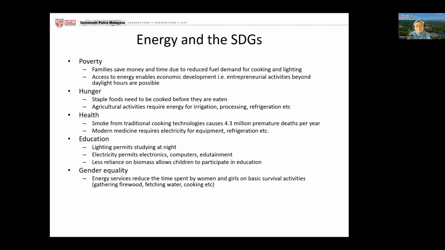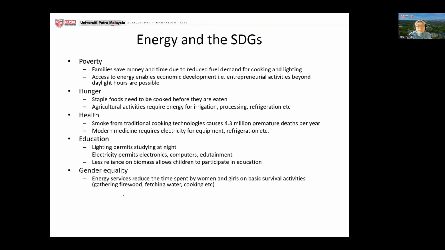That's poverty. Hunger: food must be cooked. And things like all the economic activities actually require energy. If people don't have access, these all take a lot of effort. And that's why the economy cannot prosper.